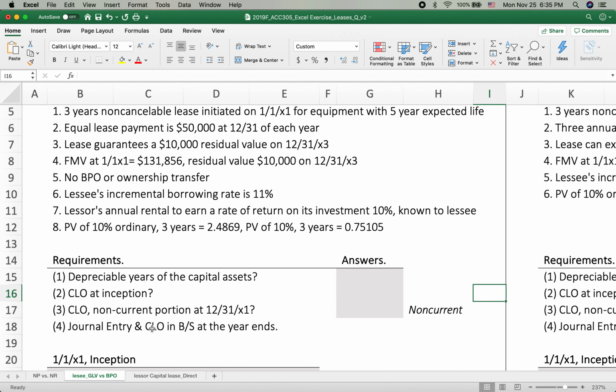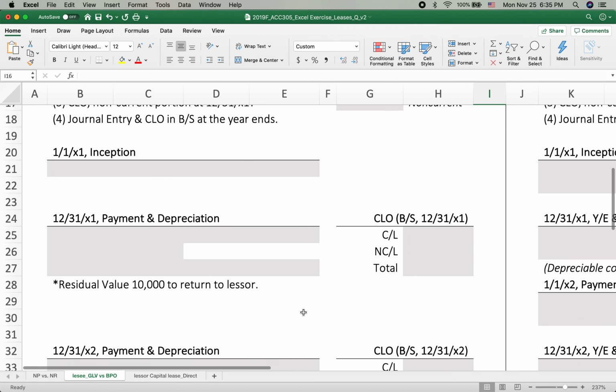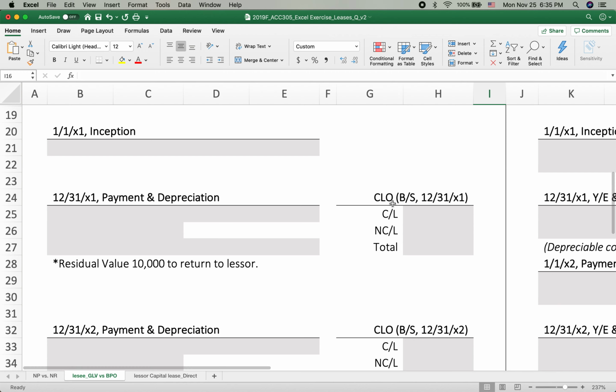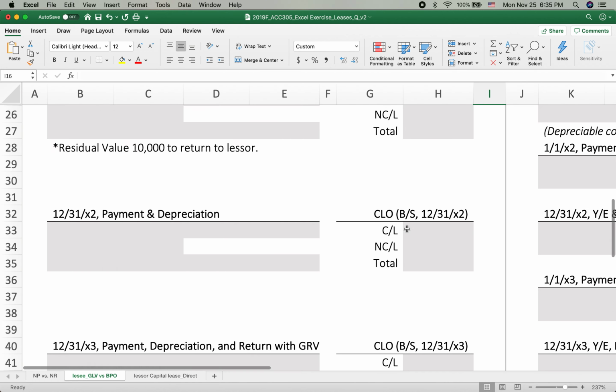And then journal entry to complete the balance sheet at the end of years. So our final destination is to create this capital lease obligation, the balance sheet balance, December 31, year 1 to 3, and capital lease asset at the end of year 3.